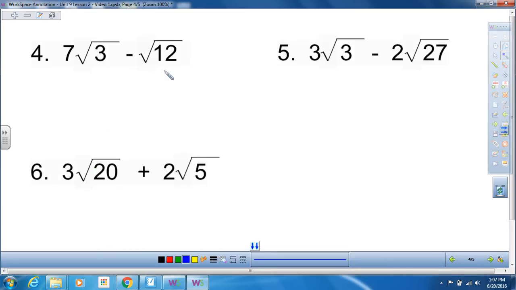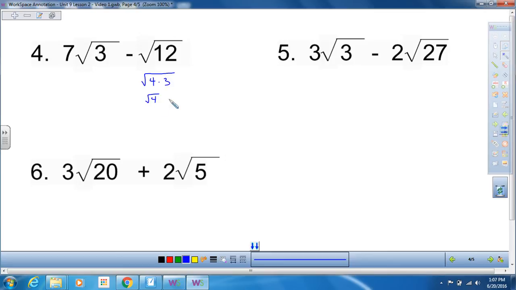So 7 square root of 3 minus square root of 12. These are not like radicals right now because 3 and 12 are not the same number. However, 12 can be simplified. So I can simplify square root of 12 because 4 is a perfect square and it goes into 12.